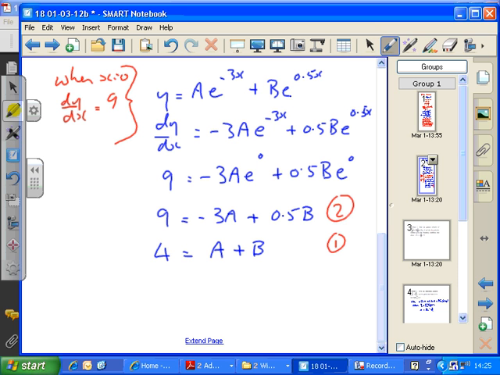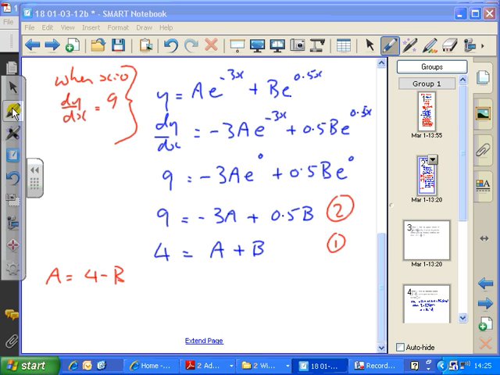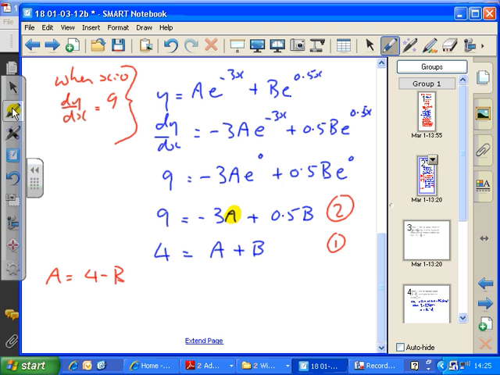So I could rewrite number 1 as A = 4 − B, and then in equation 2, instead of writing A, I could write 4 − B, and I'd have an equation involving only B, which I could solve to get B. So that's one way I could do it. However, in this particular case it's probably easier to do elimination, because if I take equation 1 and halve it, so divide equation 1 by 2.